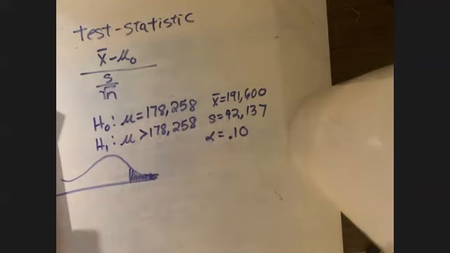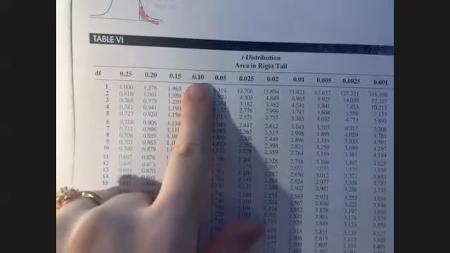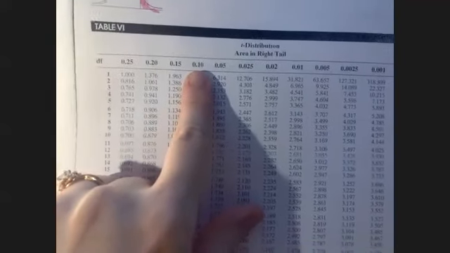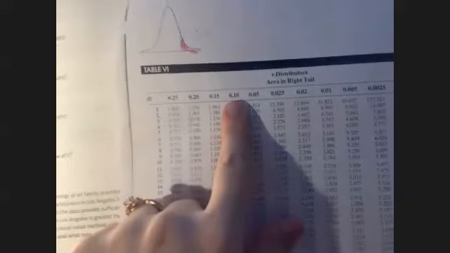Okay, so now here's how we do this with a critical value. I'm going to pull my chart. I'm going to bring this across. On our chart, they want us to use alpha as 0.10. So that means I'm going to go here on my chart. Now then, they said N was 60.